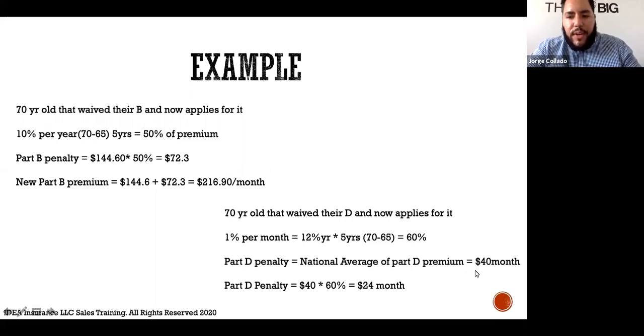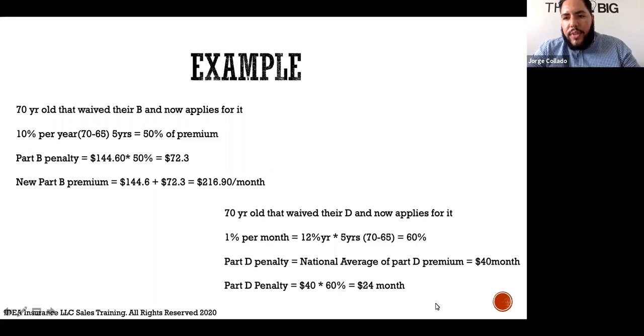It could be 45, it could be a little less, but that's about the national average right now for a Part D plan. And what they're going to do is calculate the 40 times the penalty, which in this case is 60%, and that's about $24 a month.